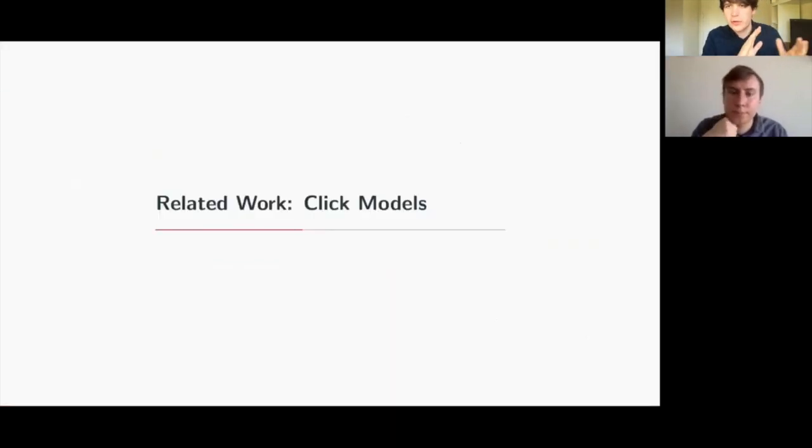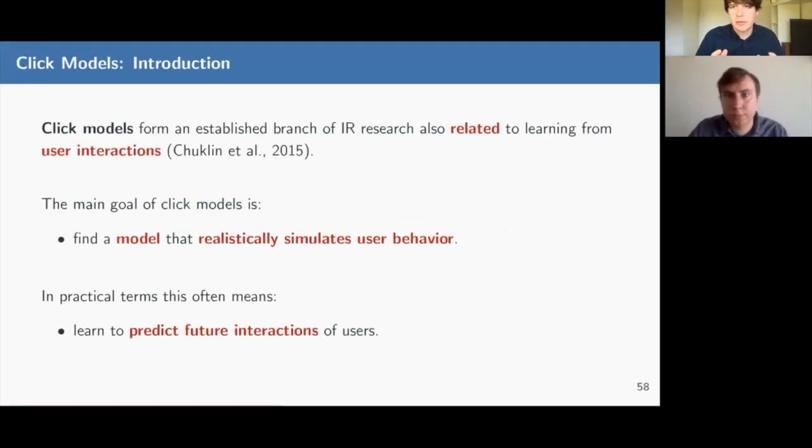But first I want to talk about some related work, which is click models. Often we get a question from the audience when we give this in person: what about click models? Click models are a very established branch of information retrieval research, and they're very related to learning from user interactions. For several decades, people have been trying to model the behavior of users.